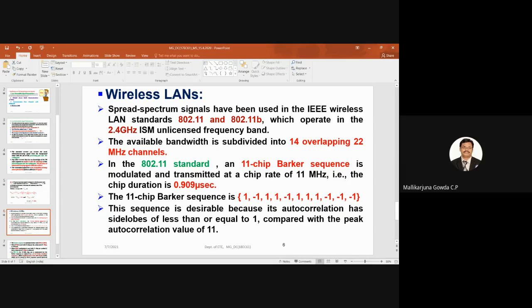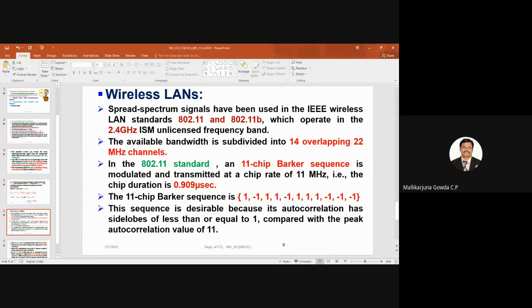So many versions of standards have been developed and named with different capabilities. As of now, let's just try to understand these two standards, 802.11 and 802.11b.